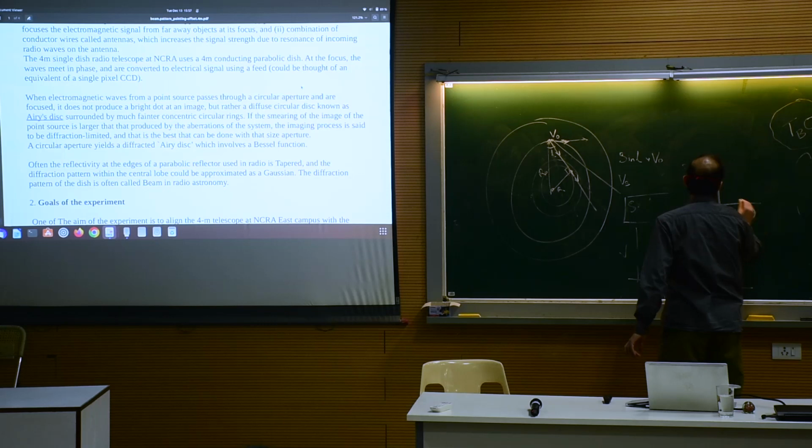So this is theta versus I, and then we are talking of a pattern which goes like this, like that.